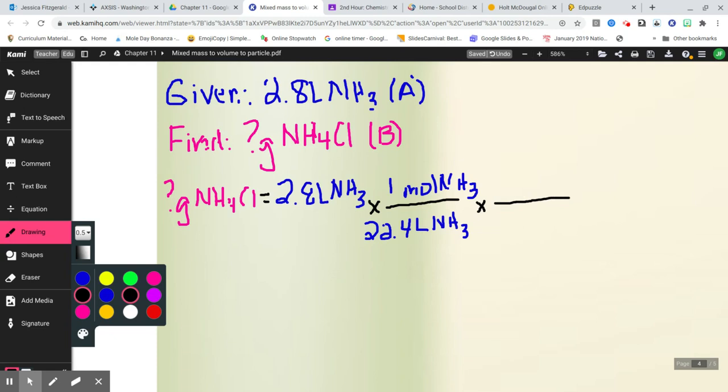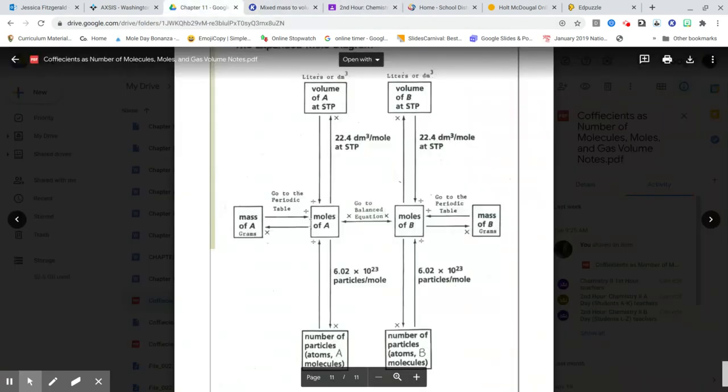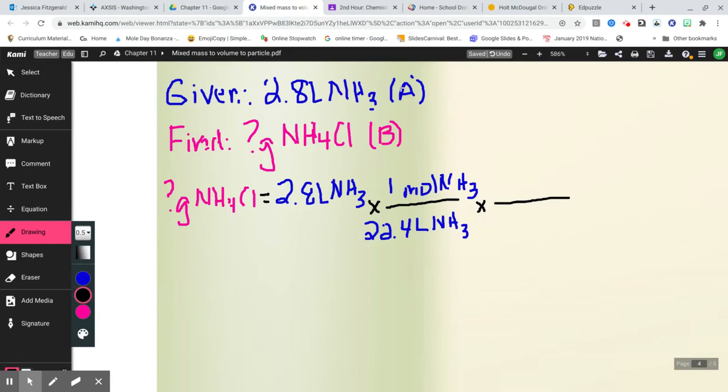So that means that your liters of NH3 cancels. We're now to moles. Now we're going to go moles of A to moles of B. So if we want moles of NH3 to cancel, that will go in the bottom. And moles of B will go in the top, which is NH4Cl.